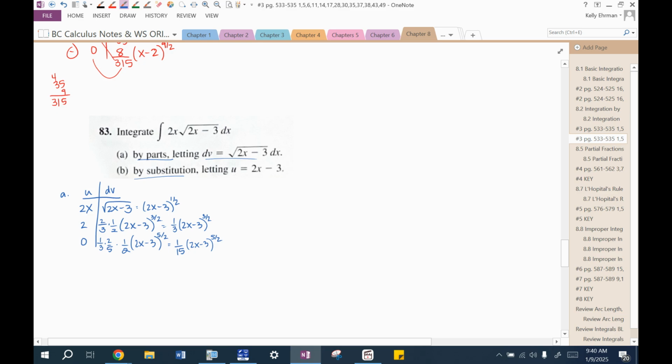Okay, and let's see, plus, minus, plus. Diagonal, diagonal, connect.